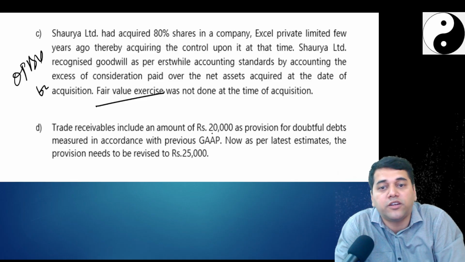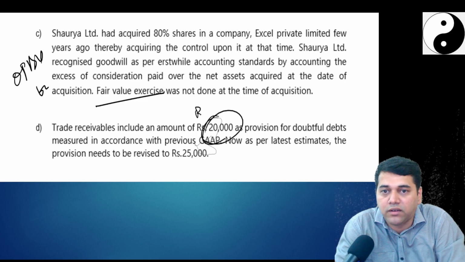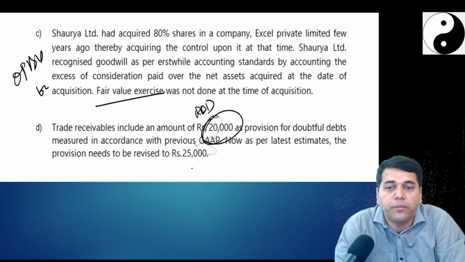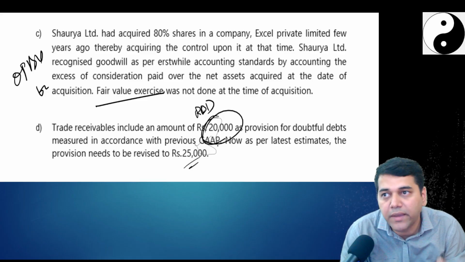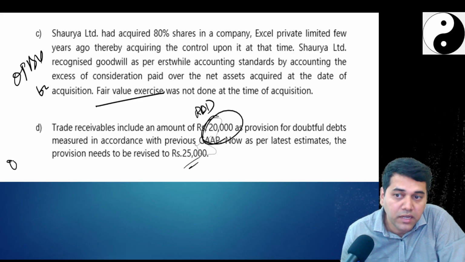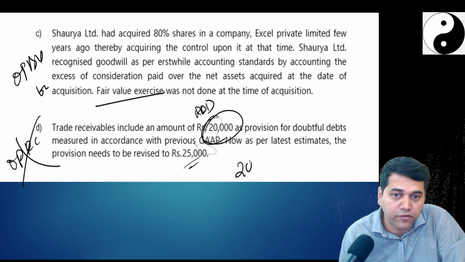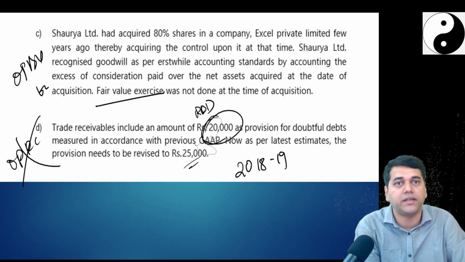Then they said there is a 20,000 RBD, reserve for bad debts. This should have been 25,000. Then we make an assumption that this was not an error. So opening retained earnings, no adjustment is going to come. This is going to get affected from the 2018-19 P&L, 19-20.